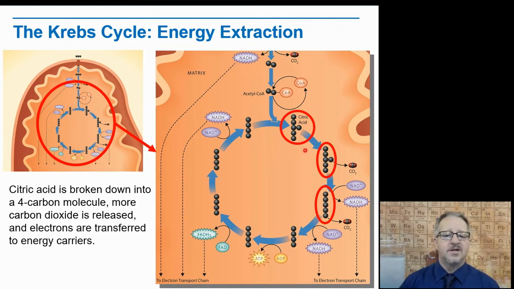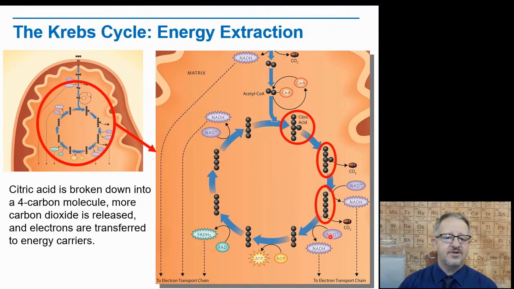Okay? So our carbon molecule continues through the cycle, continues going through reactions, and as you can see here, we now have another carbon dioxide being removed. So now we've gained 3 carbon dioxide molecules, and our 6 carbon citric acid is now down to only 4 carbon atoms in this molecule.